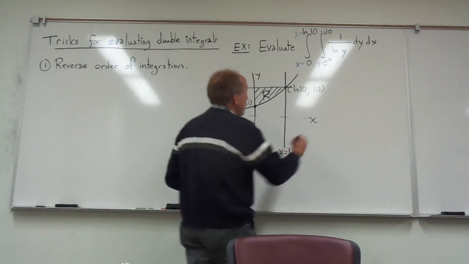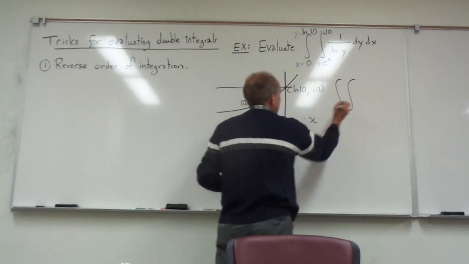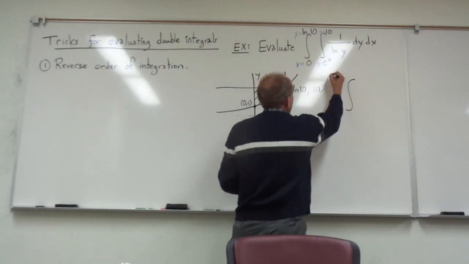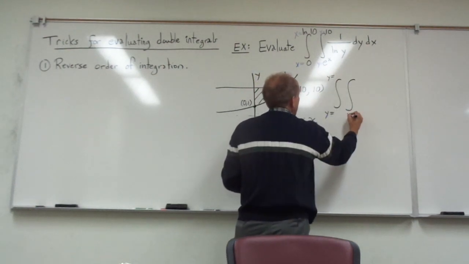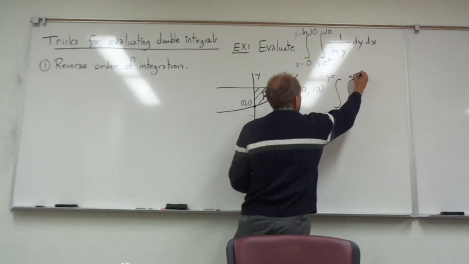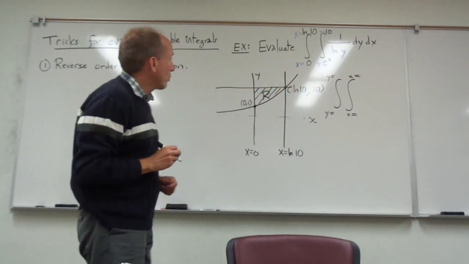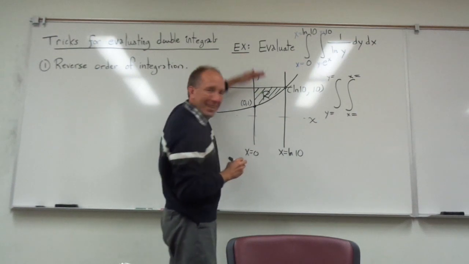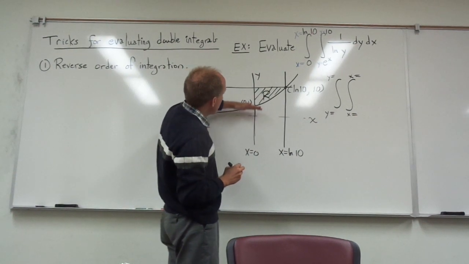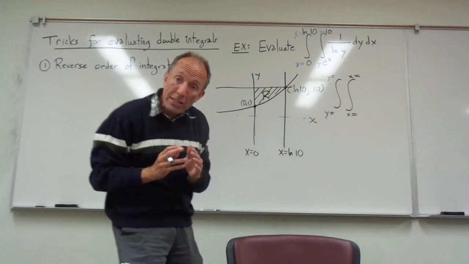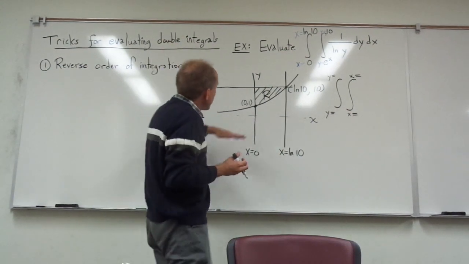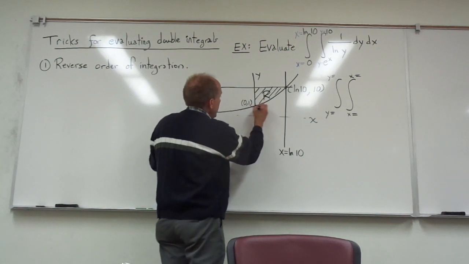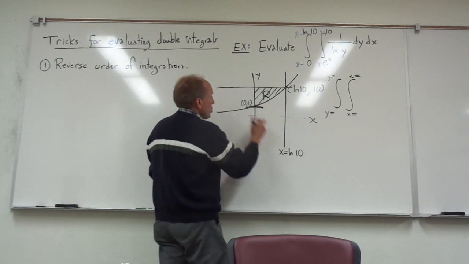Once I've drawn my region, now I can make an effort to put the y on the outside and the x on the inside. So this is what we're going to try to do. If we look at the y-axis here, where does the region occupy space with respect to the y-axis? It's not here, it's not here, it's not here. We first hit it right here at y equals 1.